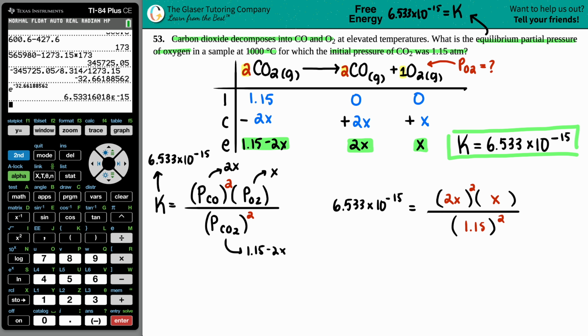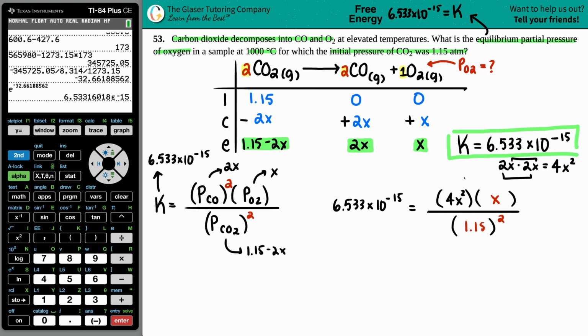Now, let's just simplify, right? The 2x squared, that just means 2x times 2x. 2 times 2 is 4. So that's 4. And I picked up 2 x's, so that's 4x squared. So if I just say that the 2x squared is now 4x squared, I pick up another x.